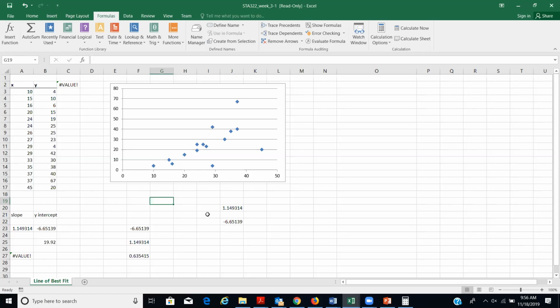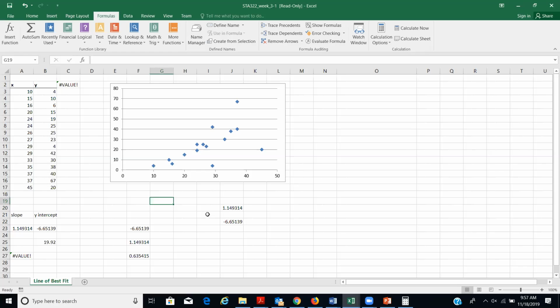So the value of using Excel is that it does all the hard work. But the meaning of this is that between these two, there is a correlation.